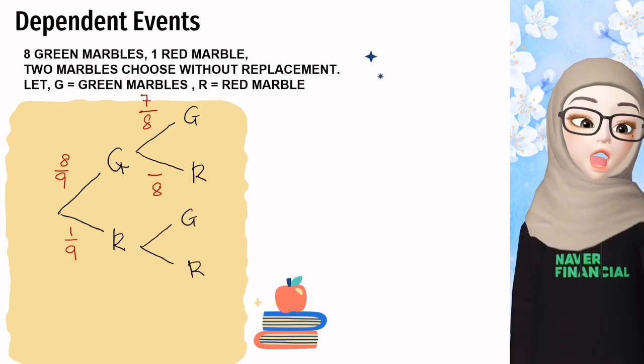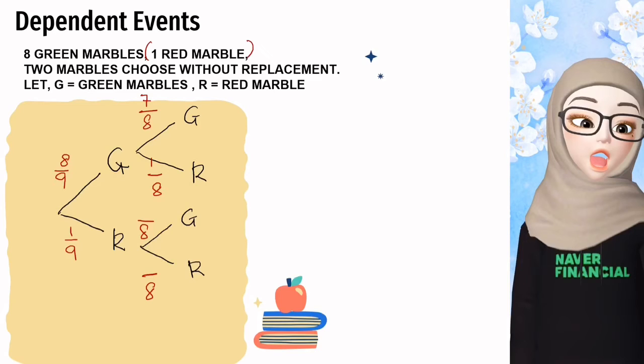So how about R? Okay, R is 1 over 8. Now we go to the case where our first try is red. So here also over 8, and then R and R. Look at the question.